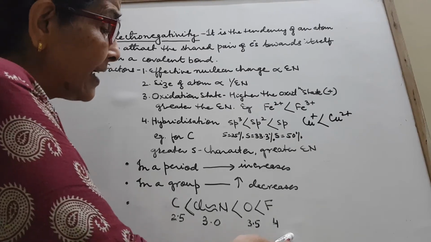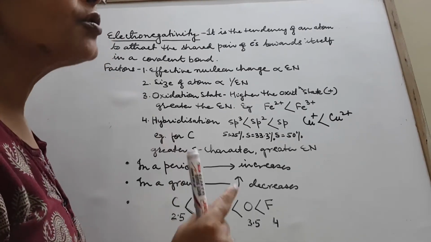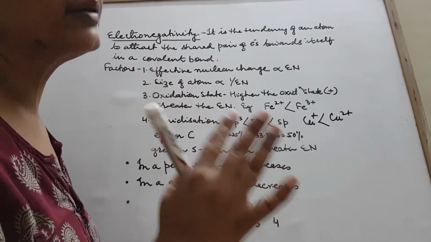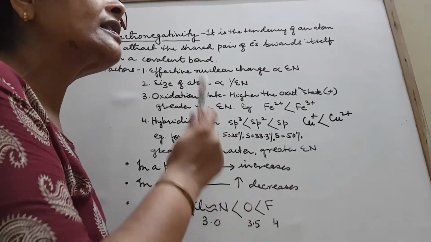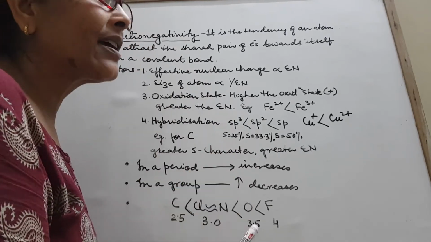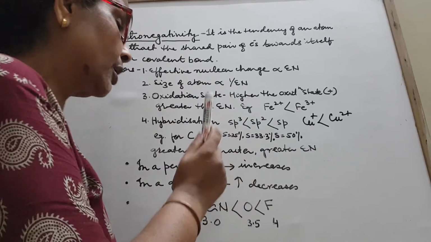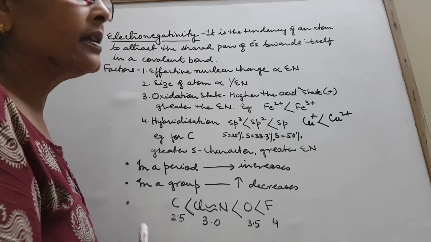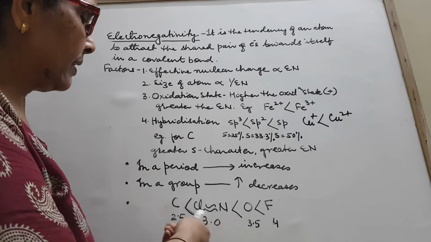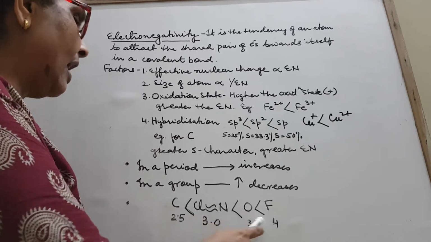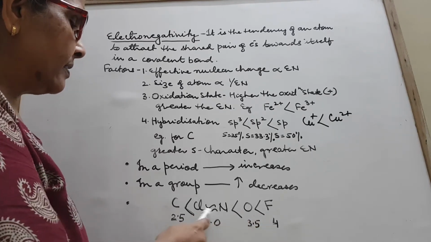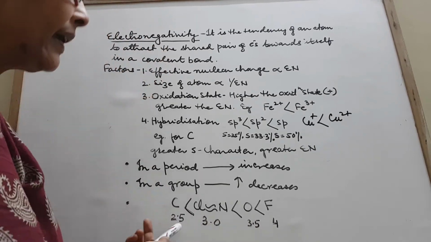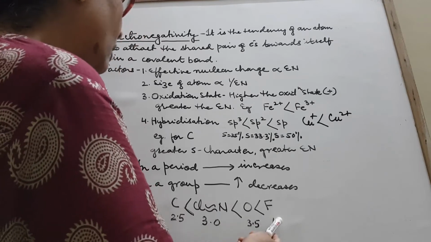So these are the most electronegative elements known so far in your periodic table. F is the most electronegative element. Number 2 is O. N and Cl have almost the same values, and C comes after them.